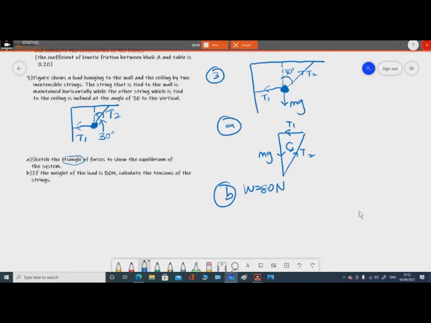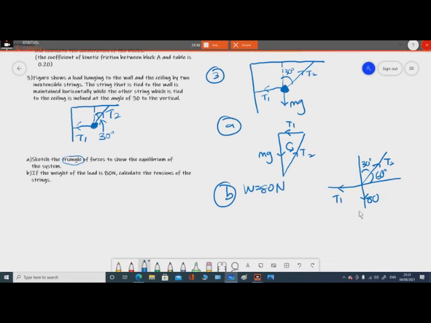Let me redraw these three forces in the plane so that you can see it clearly. So this one is T1, this is our T2, this is the 30 degrees, so basically this one will be 60 degrees. I prefer to use 60 degrees since, for me, it is easier to analyze.